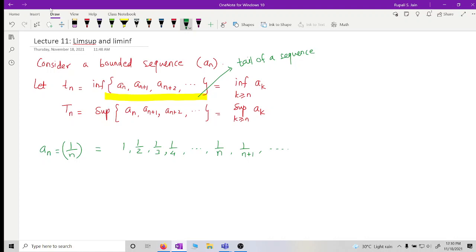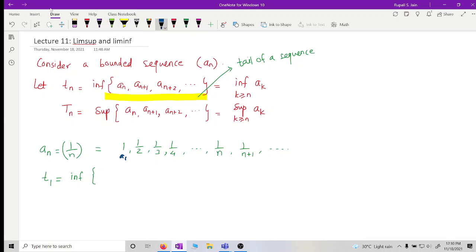So I am taking the infimum. What is my small t_1? What will be t_1 for this sequence? The infimum of a_1, a_2.